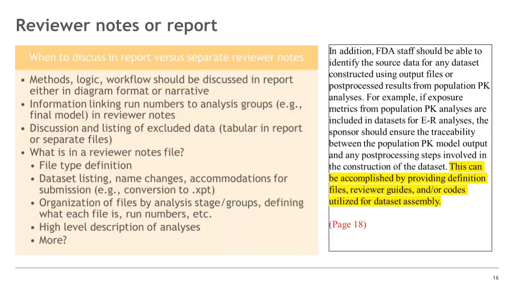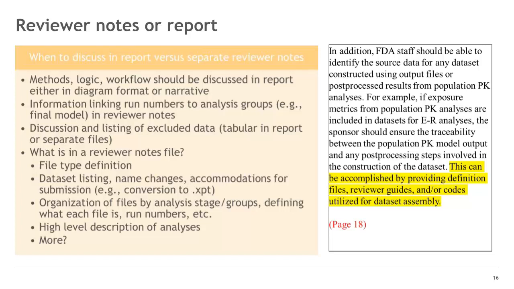Or does the FDA really want to still see it as a visual representation in the report? I think those will be questions that maybe will be answered in the future once people start submitting in that format and try to push back and see how much of this is, again, nice to have versus need to have.